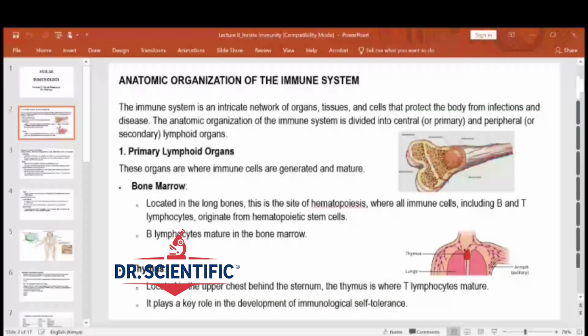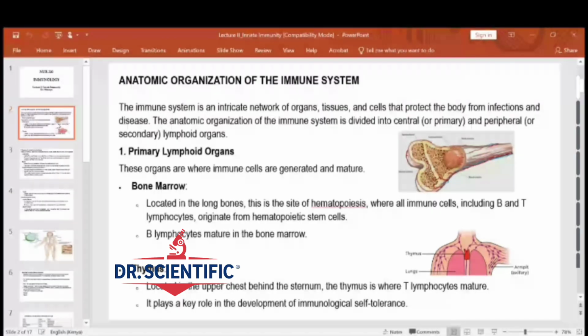So anatomically, we would have what we call the primary lymphoid organs, as well as the secondary lymphoid organs, or what we call the peripheral lymphoid organs. Primary lymphoid organs are where the main cells that run the immune system are either generated or mature.